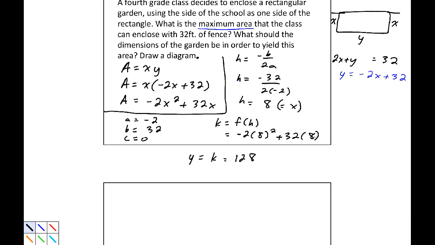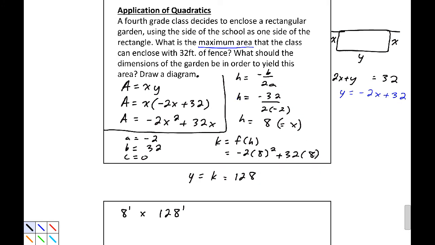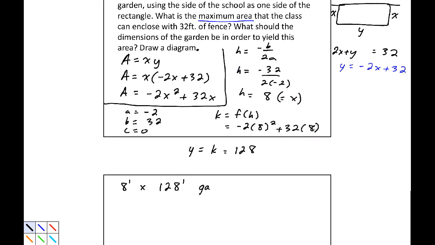So we should have an 8 foot by 128 foot rectangular garden, with a maximum area of, actually, scratch that. That 128 is our maximum area. Maximum area of 128 feet squared.